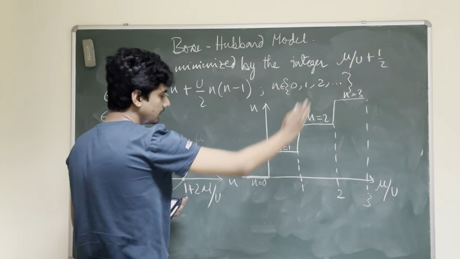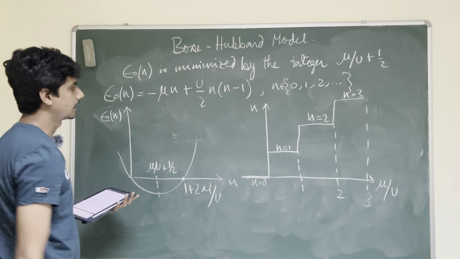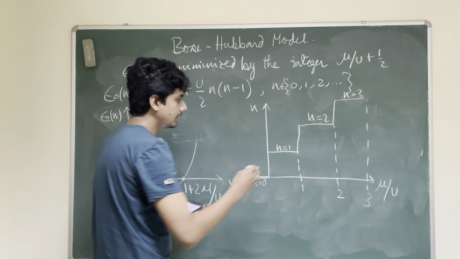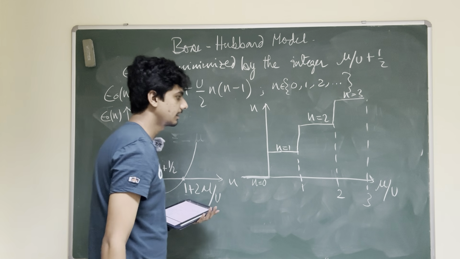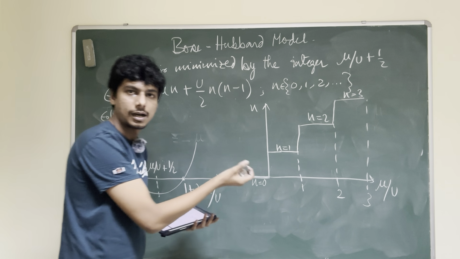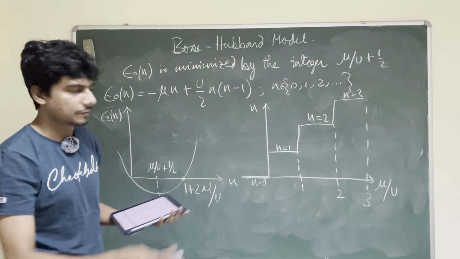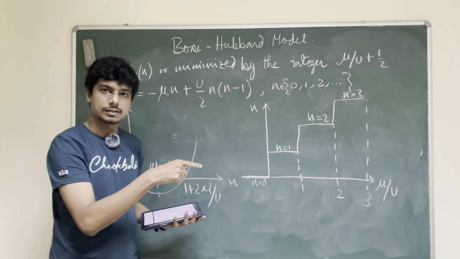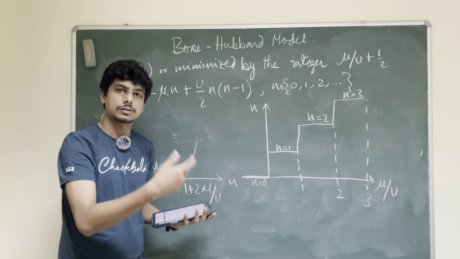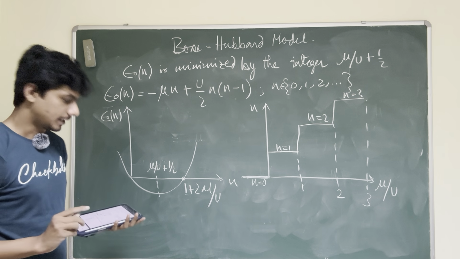So it is something like a staircase structure, which is obtained from the energy values from the diagonal part of the Hamiltonian, and we just get this kind of a phase, showing how the particles are occupied on the lattice points, in terms of mu by U, because mu is the controlling parameter and it controls how the particles, or the bosons, fill the lattice points. So that is the main reason.